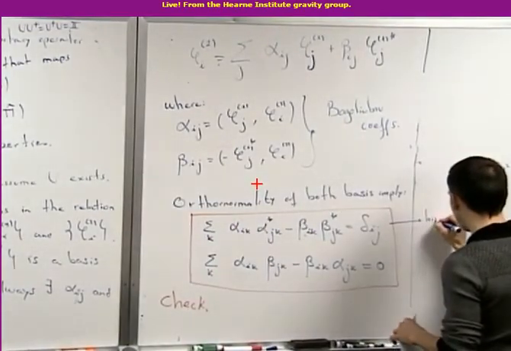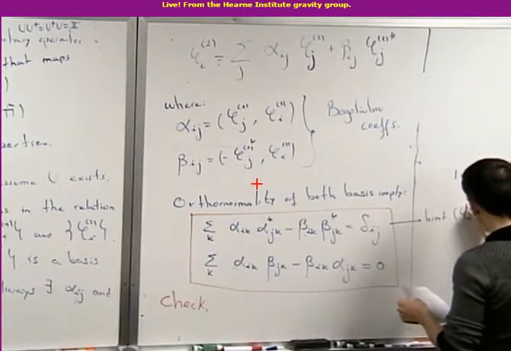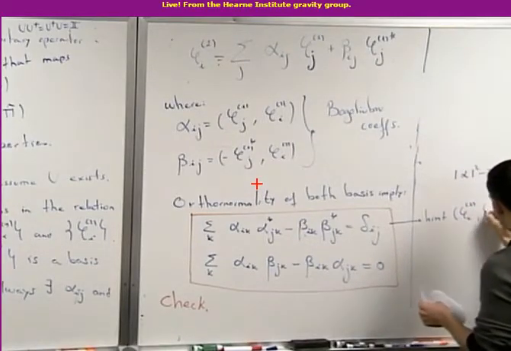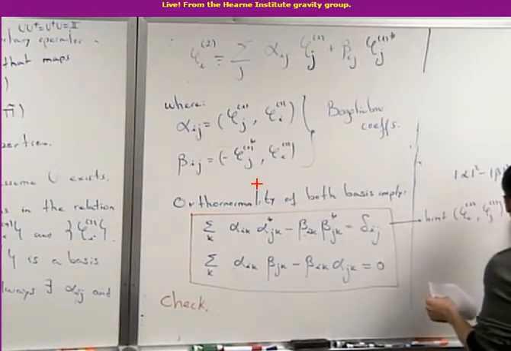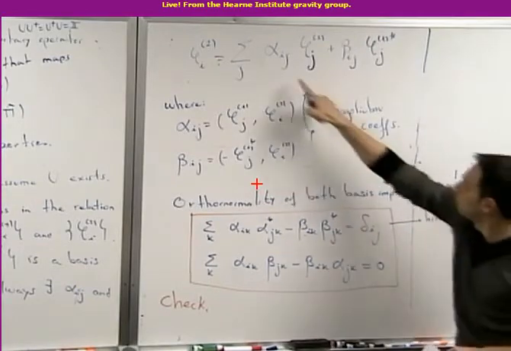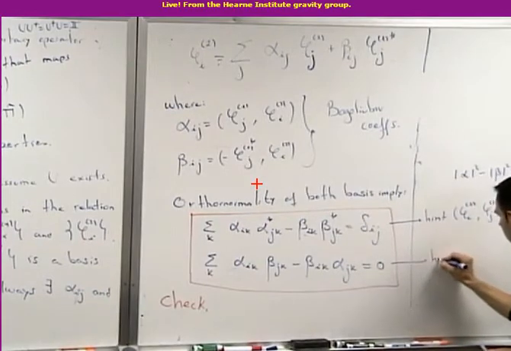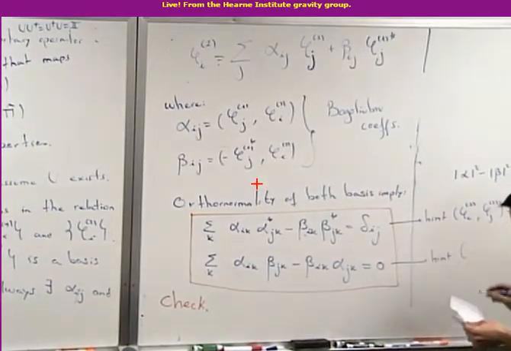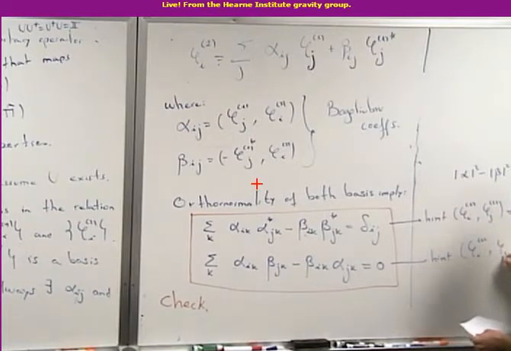Hint here is phi 2 i, phi 2 j is equal to i delta_ij. If you substitute this expression here, you get that directly. And the hint for this one is phi 2 i, phi 2 j complex conjugated. This is it.